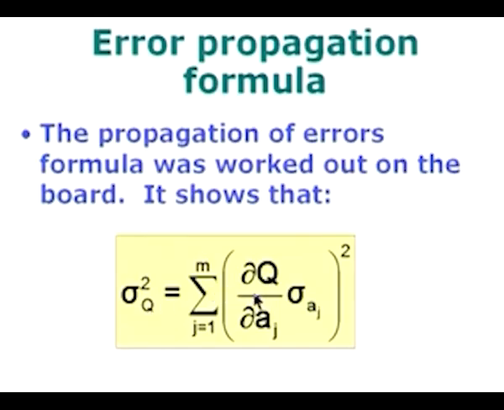So, what is happening here is that the error in the primary quantity which is measured, which is given by sigma AJ, is contributing a certain amount to the error in the quantity Q, and that is given by the influence coefficient multiplied by the precision of that particular measurement.